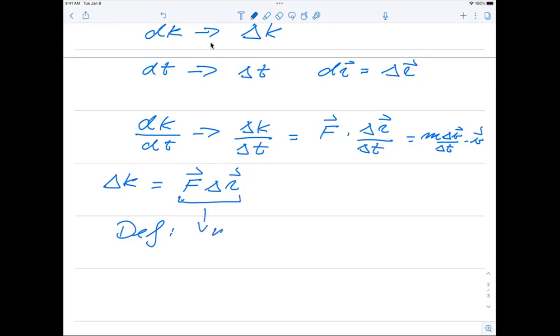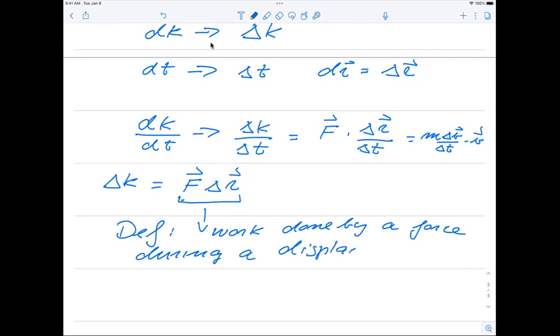We define this as the work which is done by a force during a displacement, which we call delta r. So we move the object a specific distance, delta r. And when we take the force and act on this specific displacement, this defines the work which has been done.